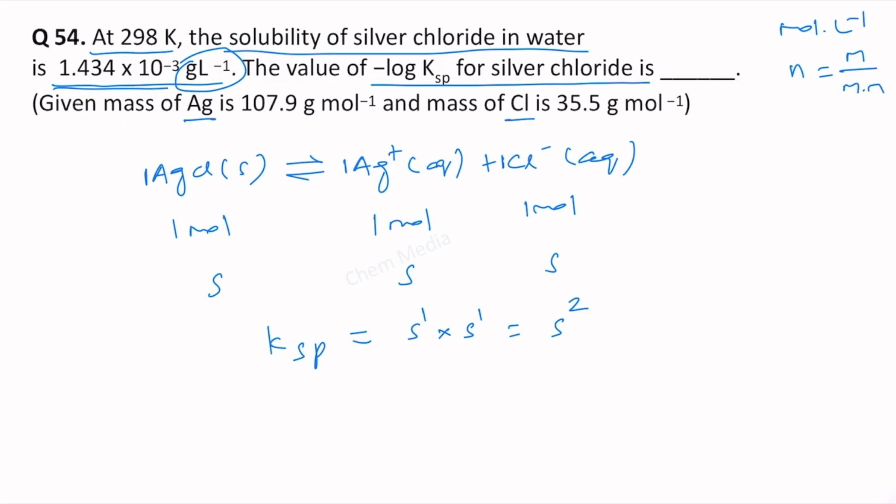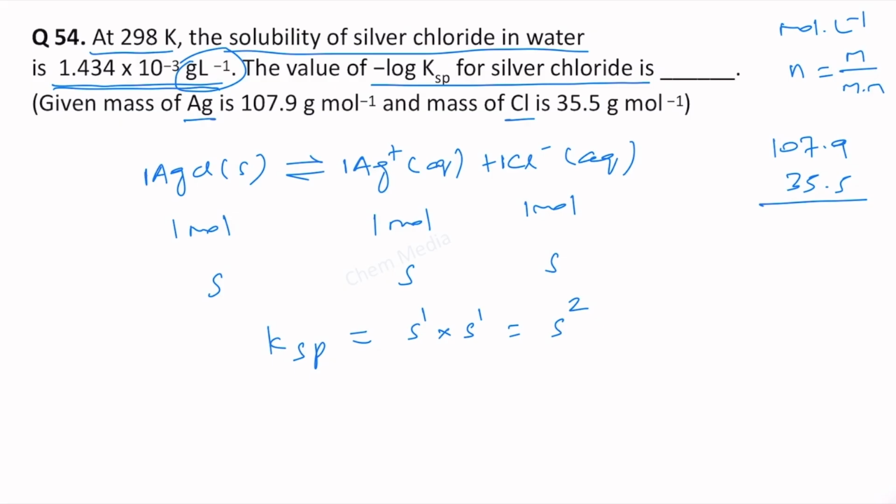Here mass is given, but it is given in gram per liter. Therefore, if we divide by molar mass of silver chloride, then we can get mole per liter. The mass of silver is 107.9 gram per mole, and the mass of chlorine is 35.5 gram per mole.